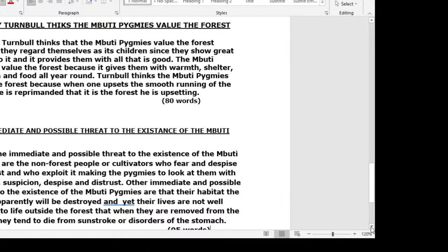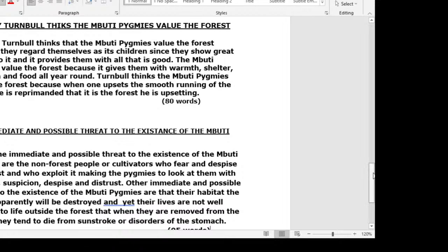In that same sample answer A, why Turnbull thinks the Mbuti pygmies value the forest, I've had a sentence, I think it is the second sentence, the Mbuti pygmies value the forest. I have used the examples of the commas. How many commas must we use?